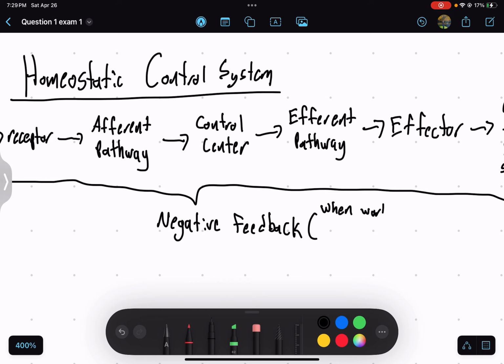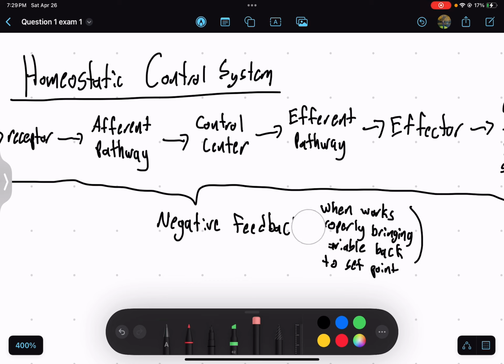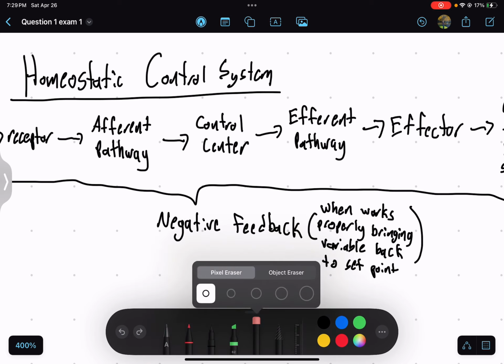When it works properly, bringing variable back to set point. Now, let me teach a little bit about what the set point I'm talking about is.